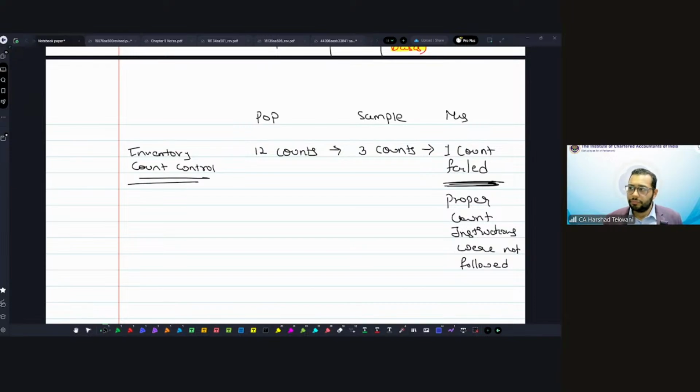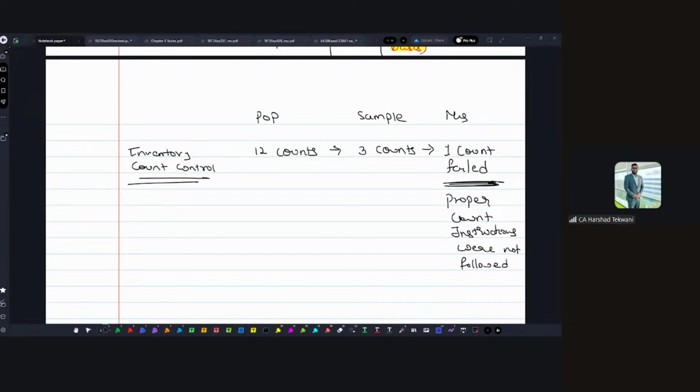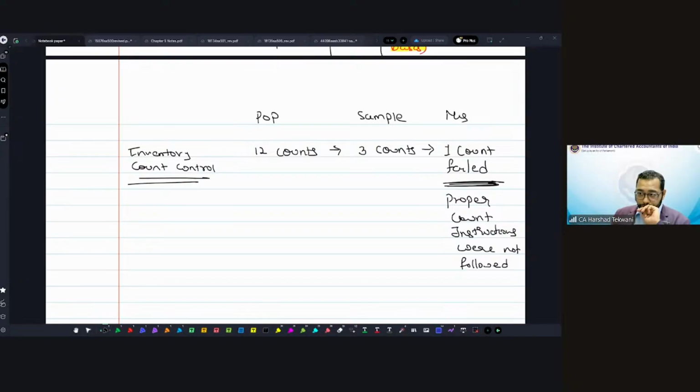We will say the level of confidence. What is the percentage, which means the tolerance rate. We have to fix the tolerance rate of the deviation. So let's say that the tolerance rate of deviation is 0 in this scenario, and I'll tell you why I'm saying 0.